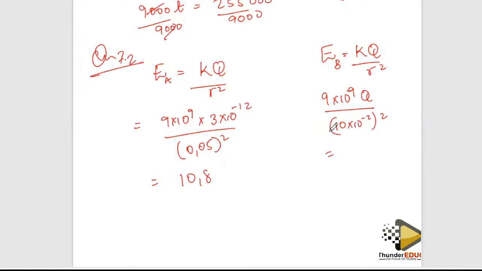Okay, so it's going to be 9 times 10 to the exponent of 9 over 10 times 10 to the negative 2, but then I'm squaring that.